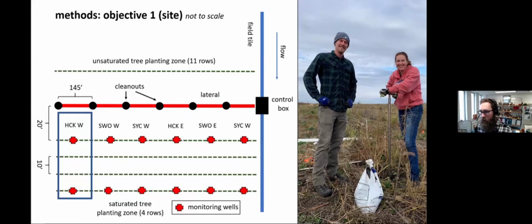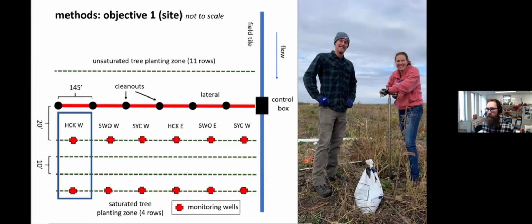So again, we wanted a wide enough plot for this, but we were only able to get 2 reps of these with the 870 plus foot lateral length there. So each plot is 145 foot wide and 50 foot long from tile to the end.